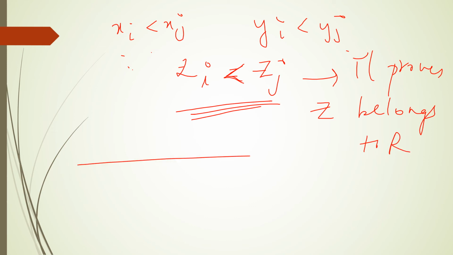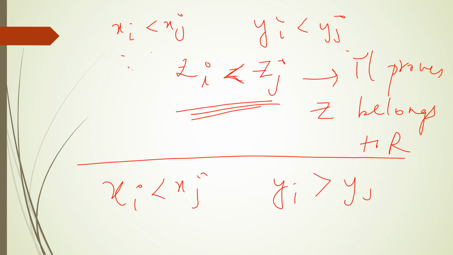Now the same case we are going to have for xi lesser than xj and yi more than yj, meaning we know that y is a permutation of x.